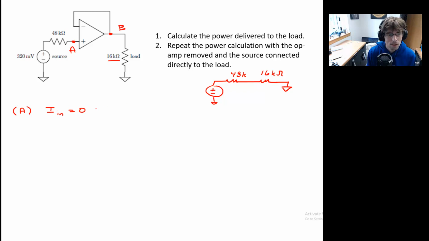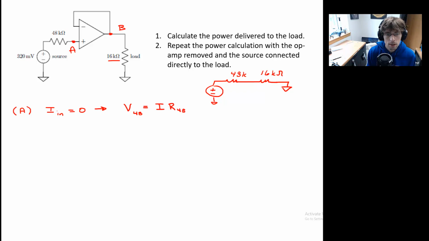And so what does that mean? That means that the drop across my 48 ohm resistor has to be, yeah, you see it? 0, right? The drop across the 48 ohm resistor is equal to the current flowing through that circuit times the resistor value.